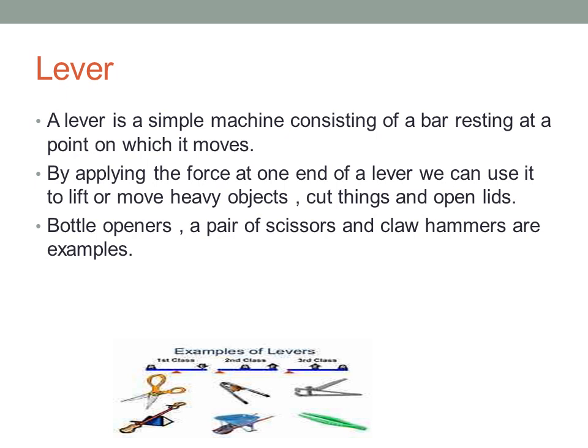If you apply force on the round things, on the other end, it will be cutting things. So by applying force at one end, we can use it to lift or move heavy objects, for cutting things and for opening lids.